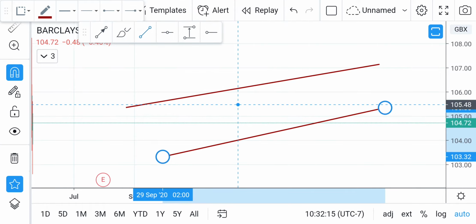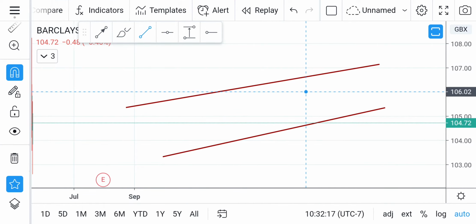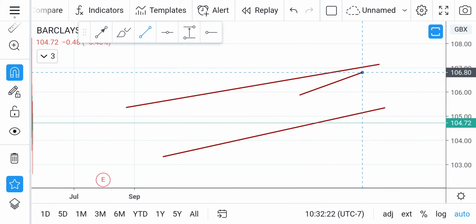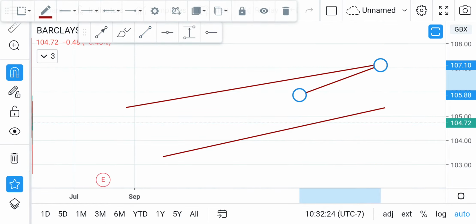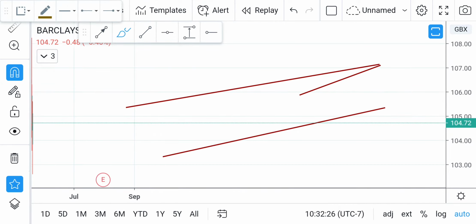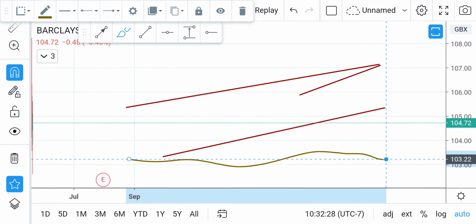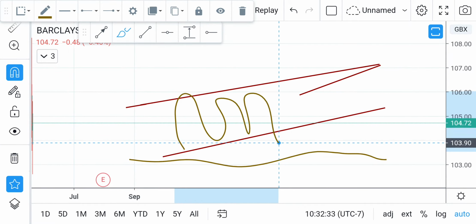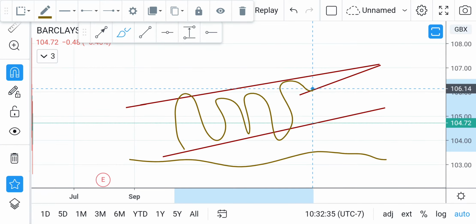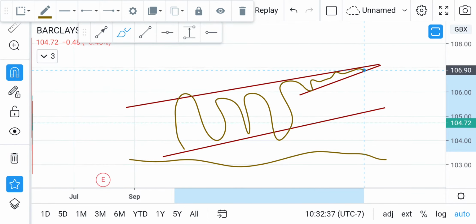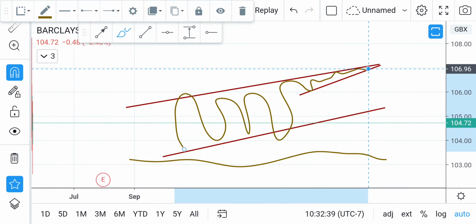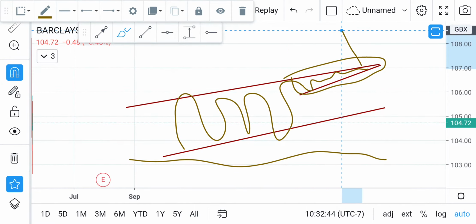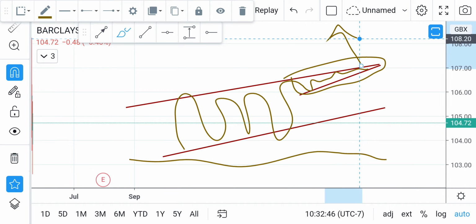So let's say this is an uptrend, and price is moving like this. Over a period of time, it's going to start contracting. That's a sign of strength. It's telling you that buyers are willing to buy at these prices here, and it usually breaks up in an uptrend.